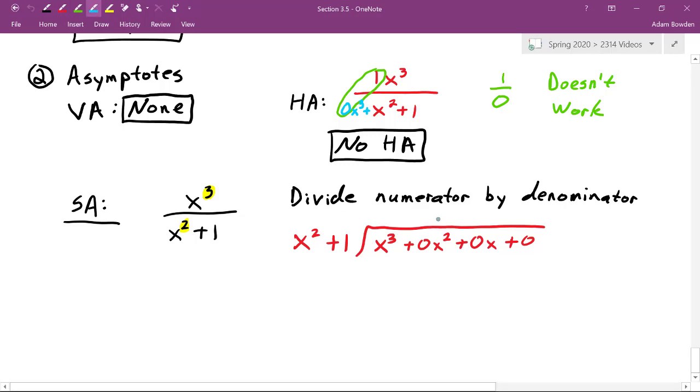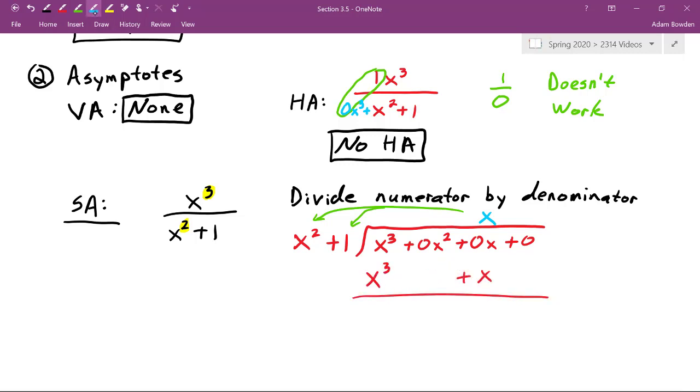The first thing to do is to multiply by x. And that x will multiply to both the x squared and to the 1 to give us x cubed plus x. Now, as we did before, this is subtracting, so these will turn into negatives.